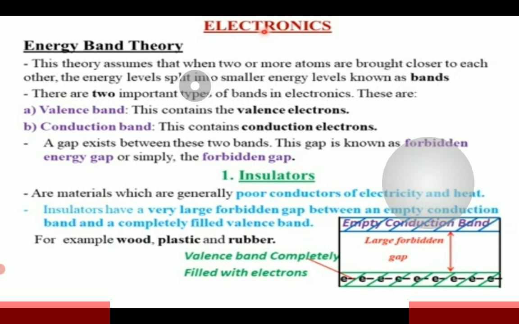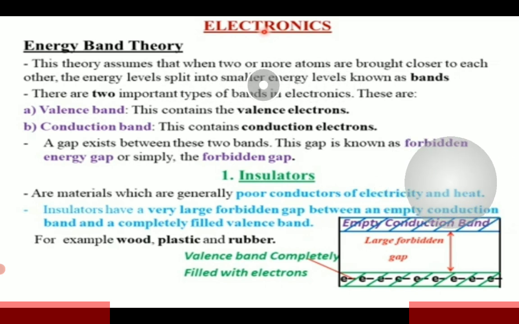You would recall that energy levels are sometimes called shells. In some cases, they're called orbitals. So the orbitals of the atoms that come closer to each other are going to split up into smaller energy levels which are called bands. So what are bands? Once again, bands are simply smaller energy levels. Where do they come from?